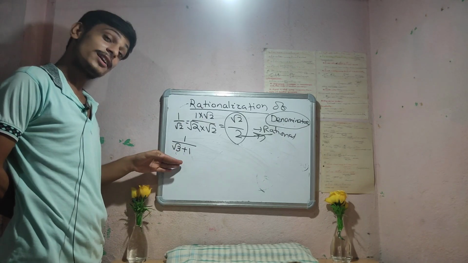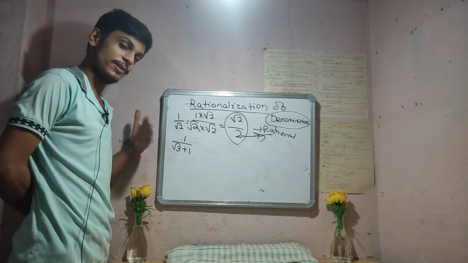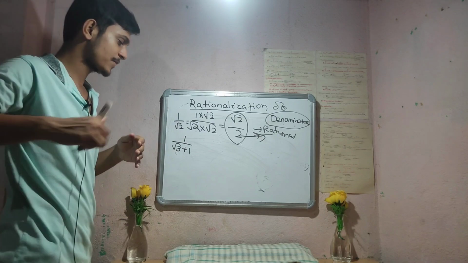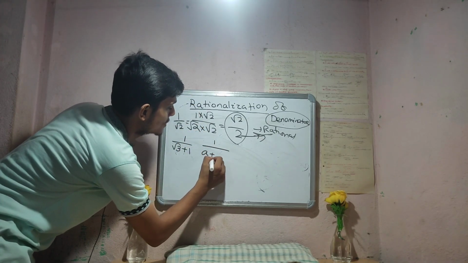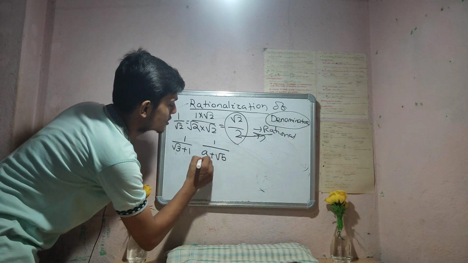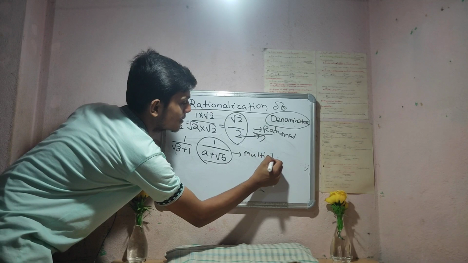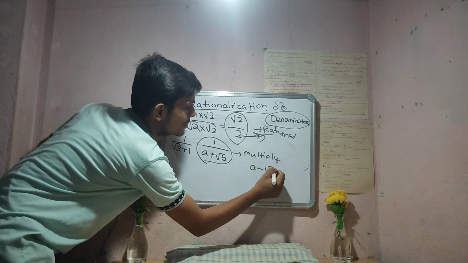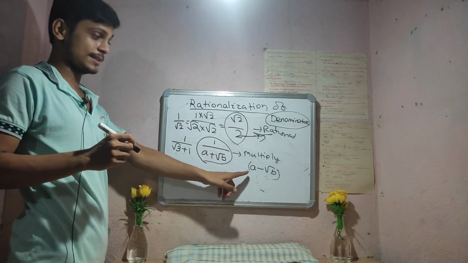So how can you convert it into a rational number? Think about it. There is a formula: when the form is 1 upon a plus b, you have to multiply by a minus b.